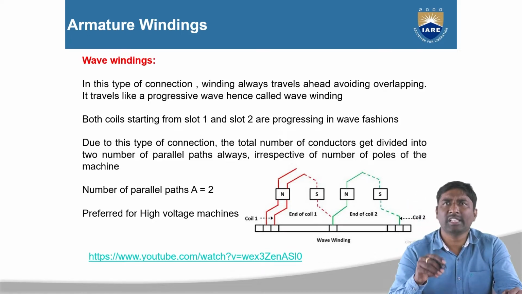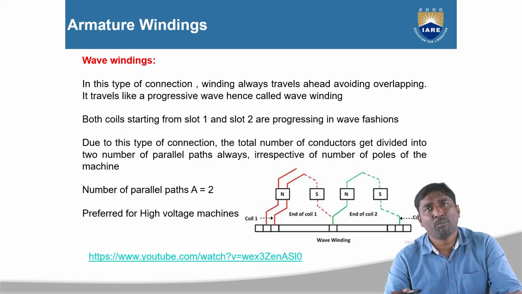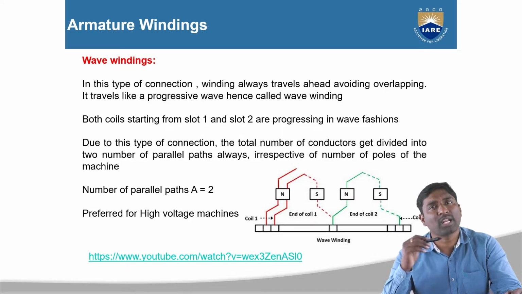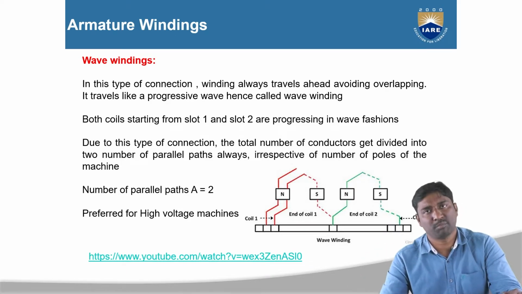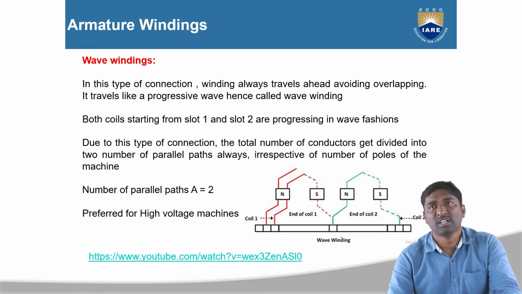So in the case of wave winding, both coils starting from slot 1 and slot 2 progress in waveforms. You can observe the diagram of the wave winding here.